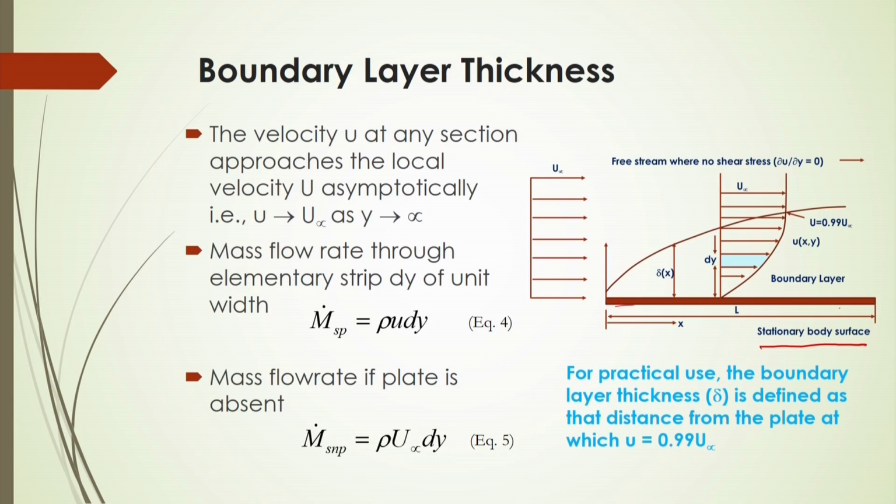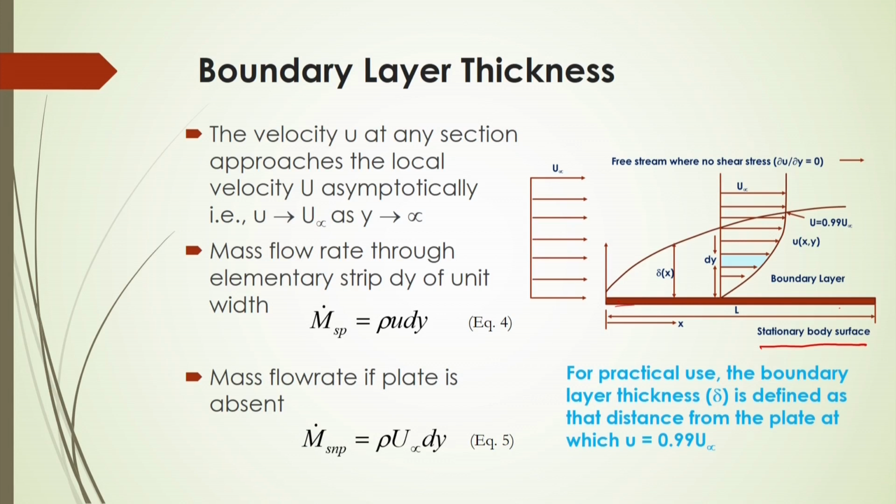In this case, there will be a mass flow rate through the elementary strip of dy, shown here in blue color. The mass flow rate through the elementary strip dy of unit width will be rho u into dy, as given in equation number 4.